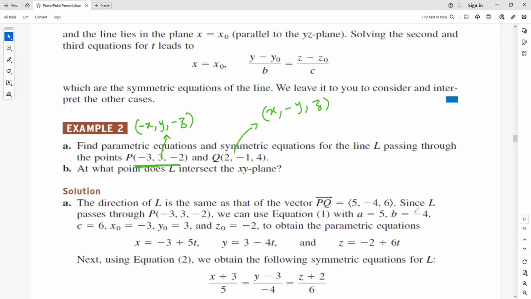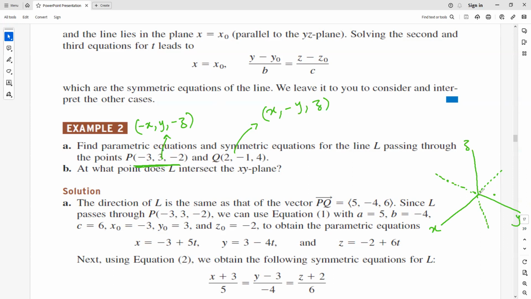So the line will obviously cut the XY plane. Why? If I have the axes like this, this is X, this is Y, this is Z. Sorry, this is negative Y, not negative Z. The point in the negative X, positive Y, and negative Z direction is somewhere here.